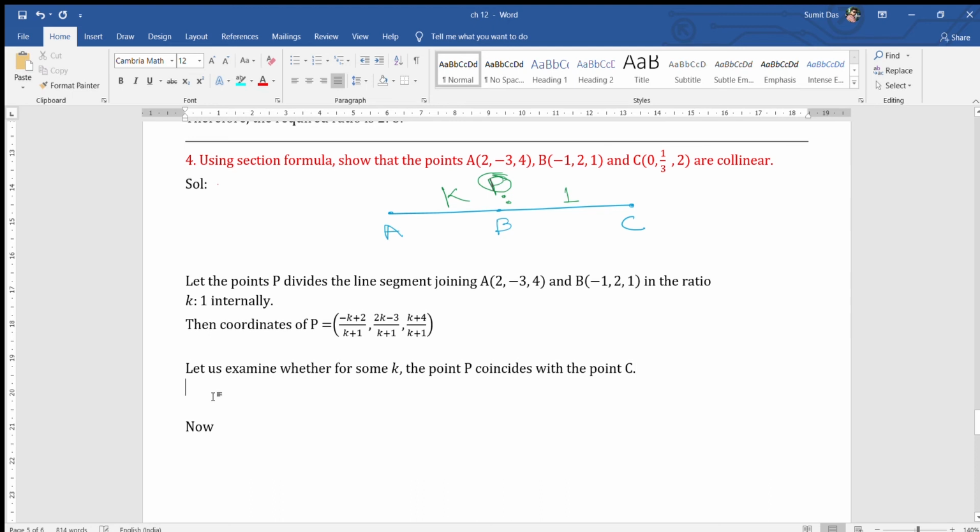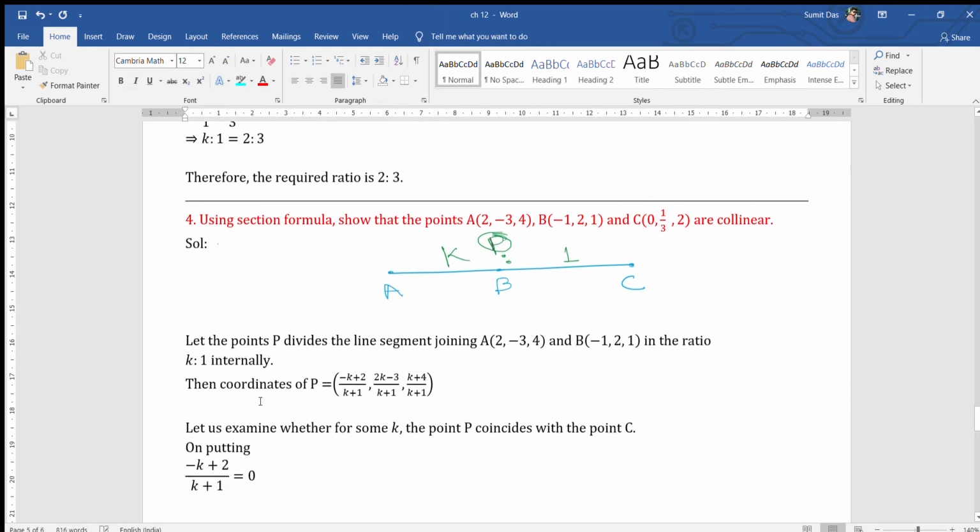For this, we'll just compare this one equal to 0. I'm comparing the x value. So what k value are we getting?